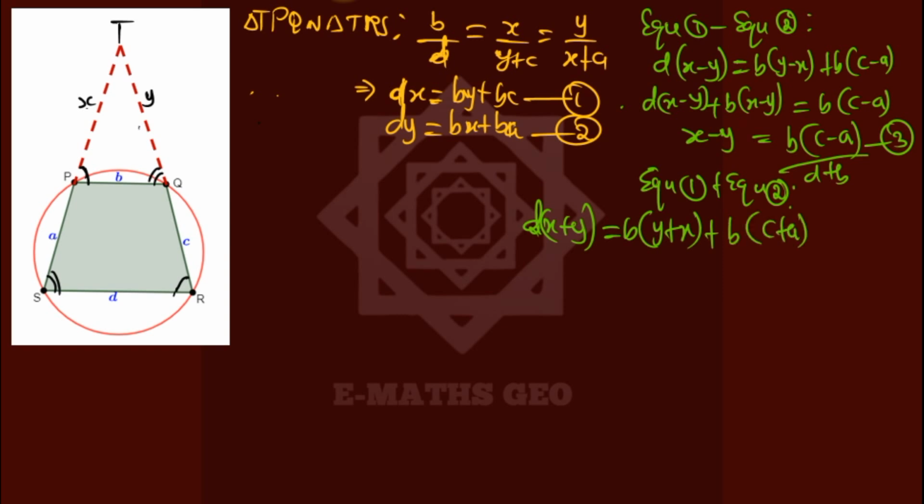So we added. Again, if I make x plus y the subject of formula, we have b(c plus a) over d minus b, because b(y plus x) moves to the other side to be minus. So that's why it's d minus b. Let's call it equation 4.